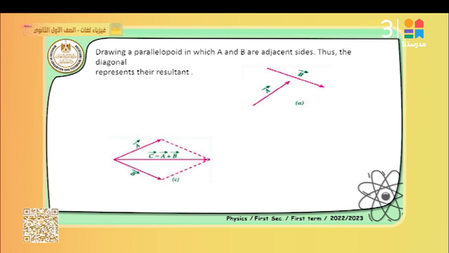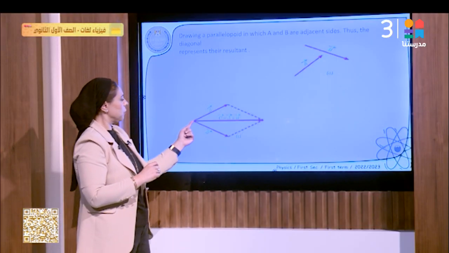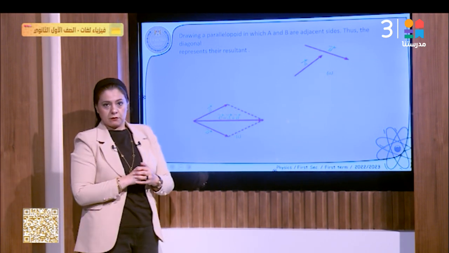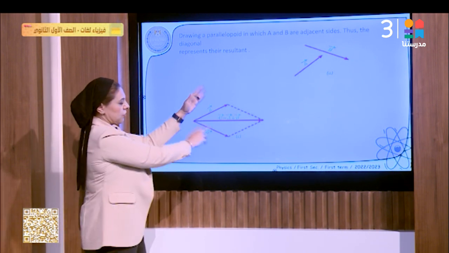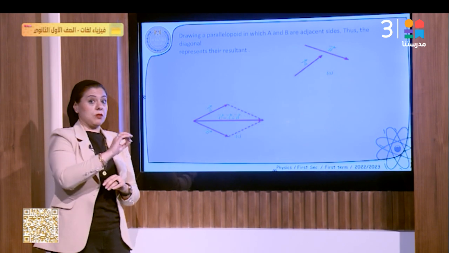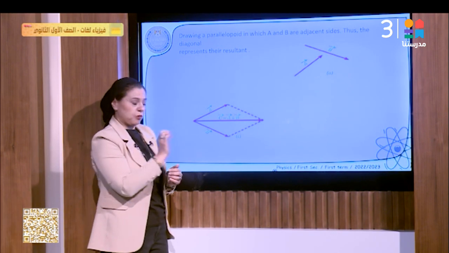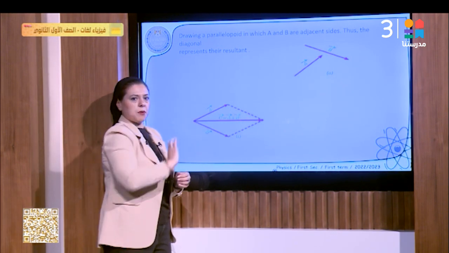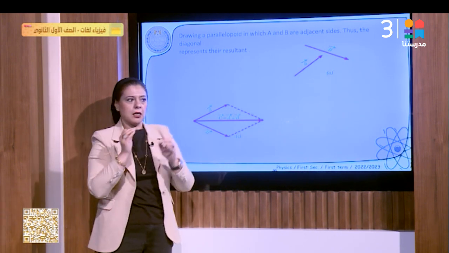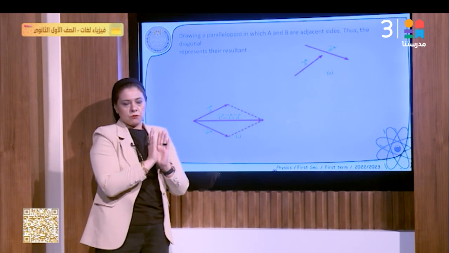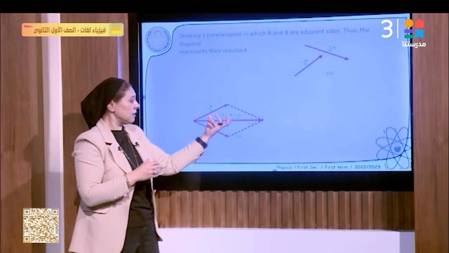Or the second method or the second form, what can we do? If we have two vectors just like A and B, تمام؟ they have the same starting point. هما الاثنين عندي ال A وال B، الاثنين ليهم نفس نقطة البداية اللي هيبدأوا منها. فالريزلتنت فورس أو الريزلتنت فيكتور بيكون in the middle، موجود في النص between them. ما اقدرش اقول في الميدل بالظبط، لا in the middle which means in the center، لا مش بالضرورة. في conditions عشان تبقى in the middle or in the center but it's located between them.